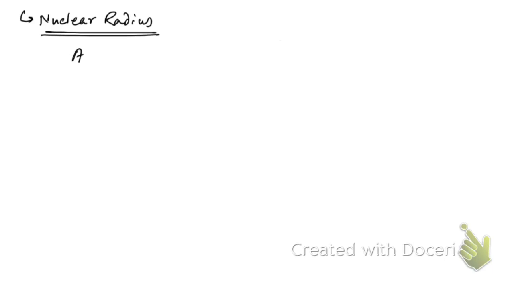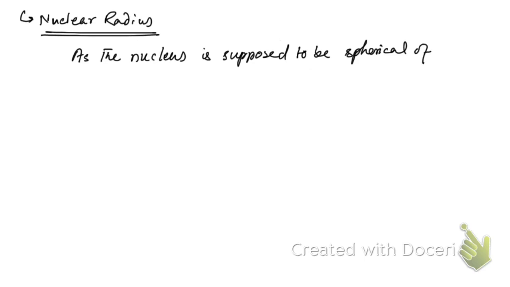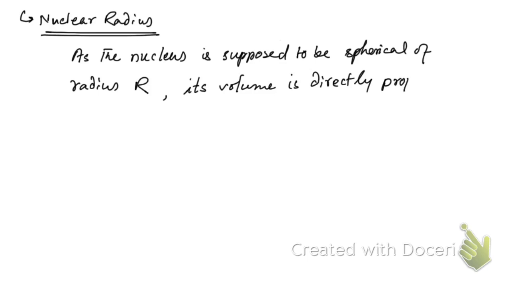So we can write that the nucleus is supposed to be spherical of radius r, and its volume is directly proportional to the mass number.